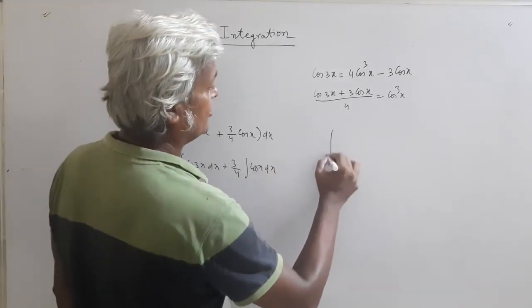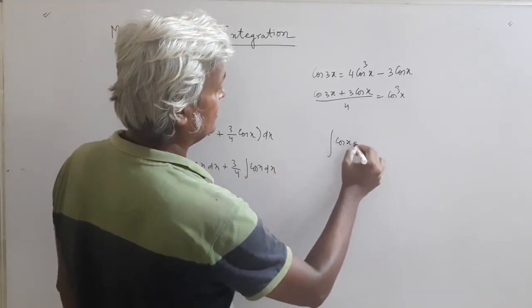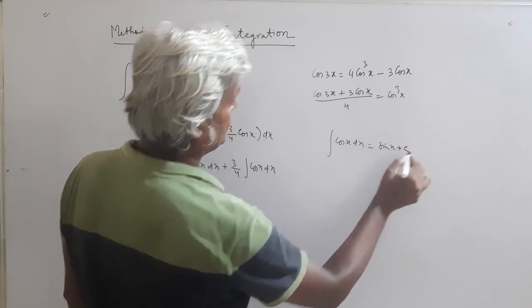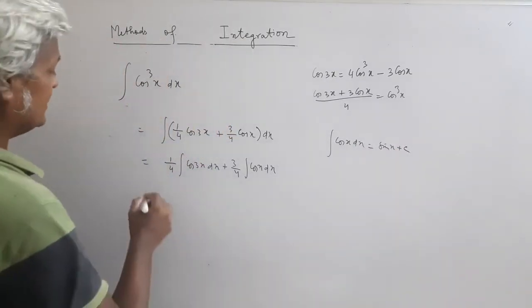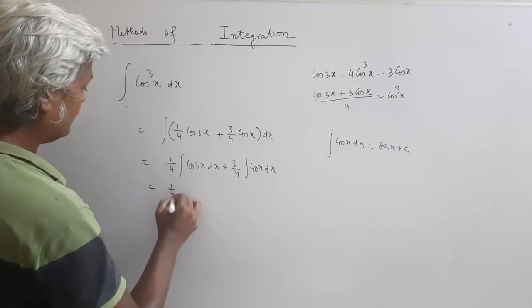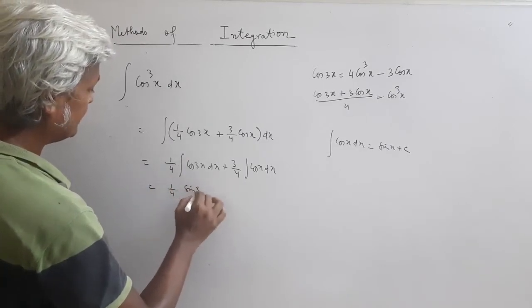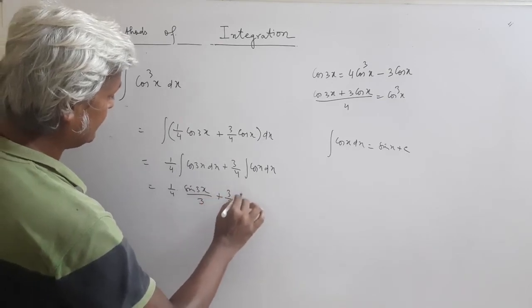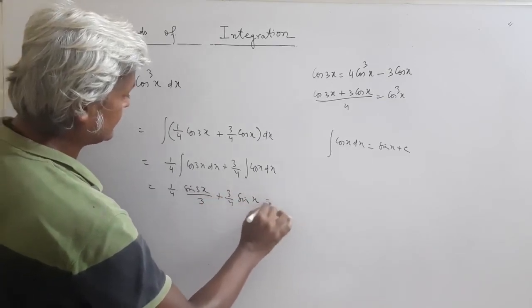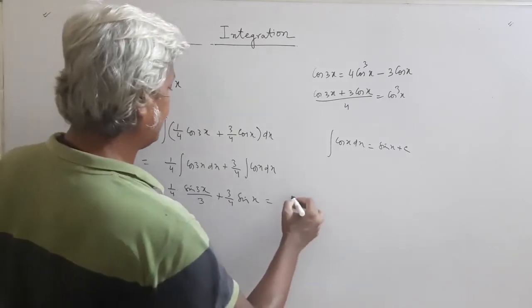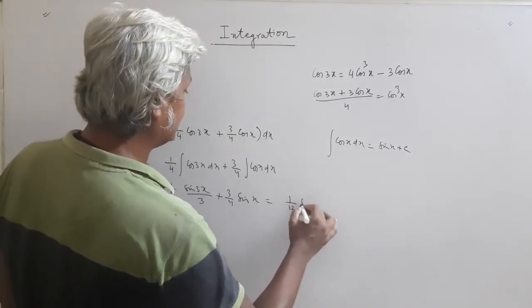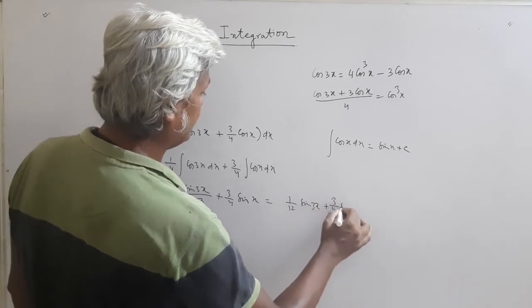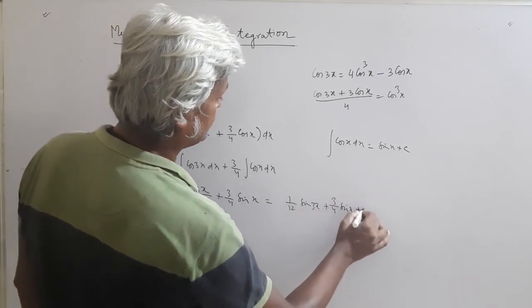You know this is a formula that integration of cos x dx is sine x plus c. So in place of this I write 1 by 4, this is sine 3x over 3, plus 3 by 4 sine x, and then in the next line I write 1 over 12 sine 3x plus 3 by 4 sine x plus c.